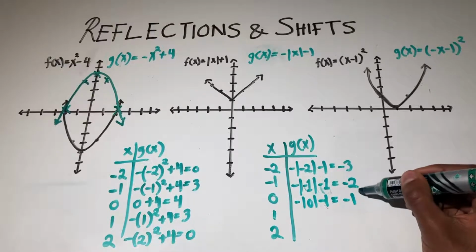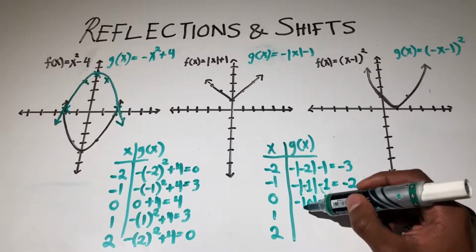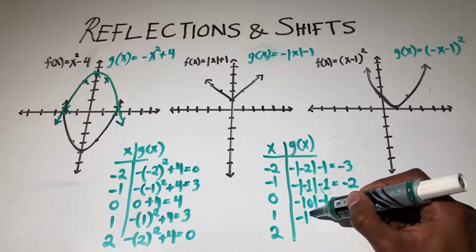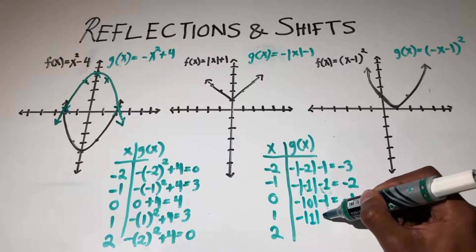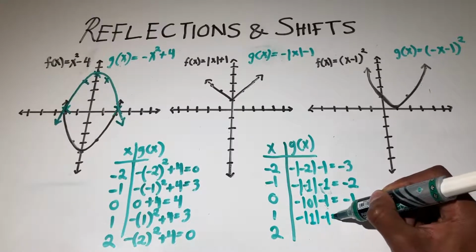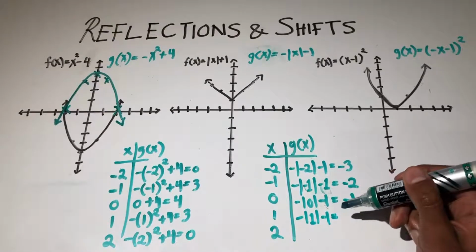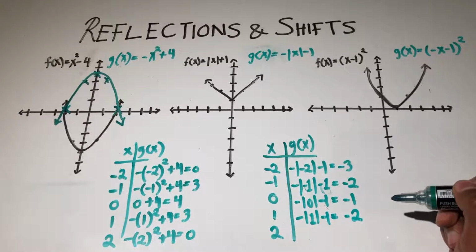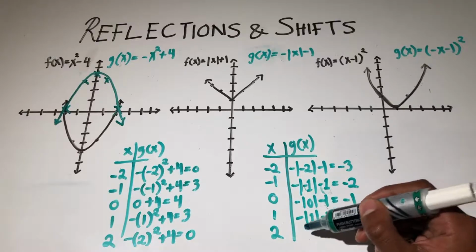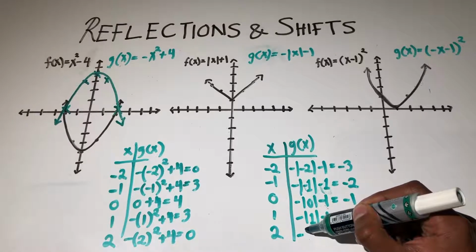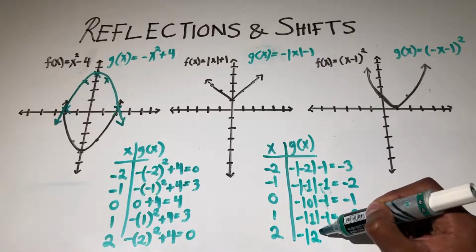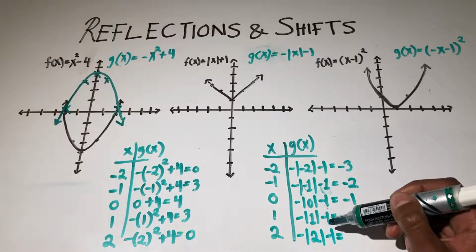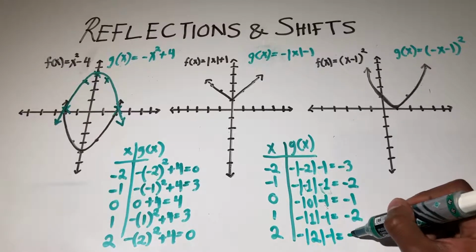And you can see where those points are going to go. Now we have the absolute value of 1 minus 1, well that's just -1 minus 1, which is just -2. Then we have 2. So the negative of the absolute value of 2 minus 1, that's just -2 minus 1, which is -3.